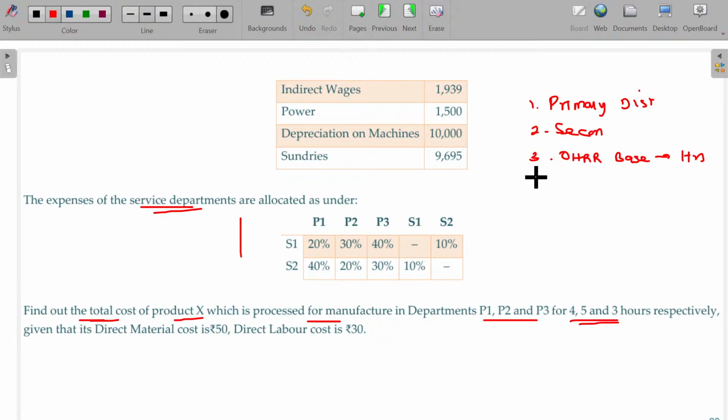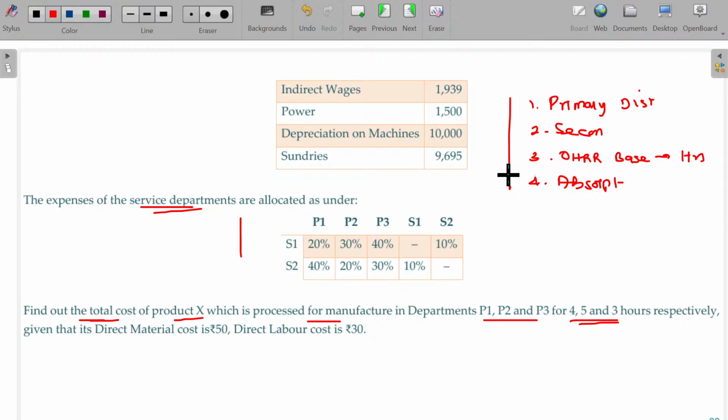Then you can find out the overhead recovery rate based on this one. And fourth step is what? Absorption to the product. These 4 steps are going to be predominantly followed.